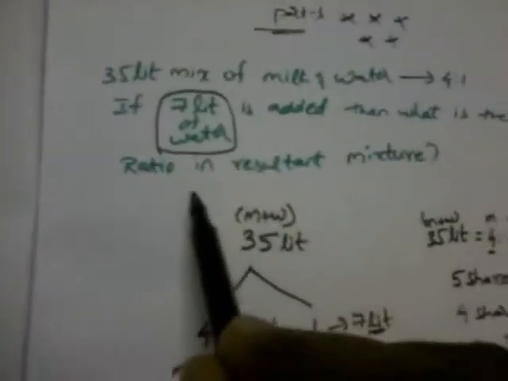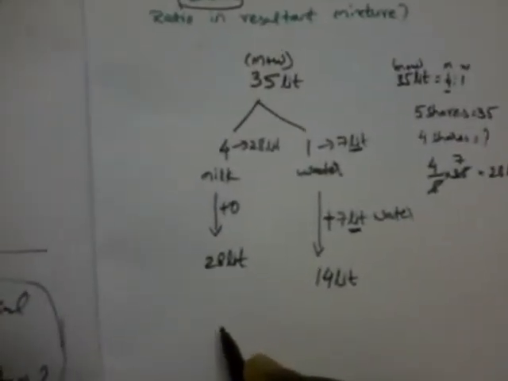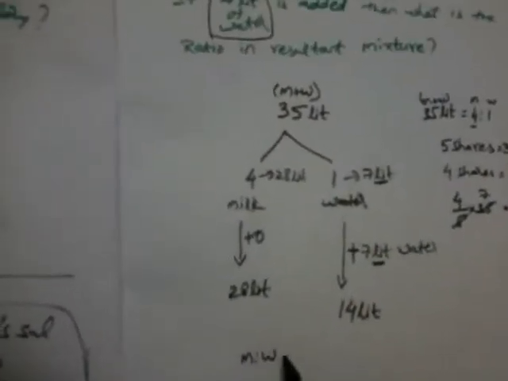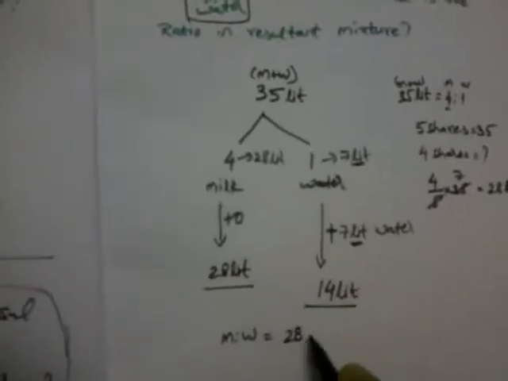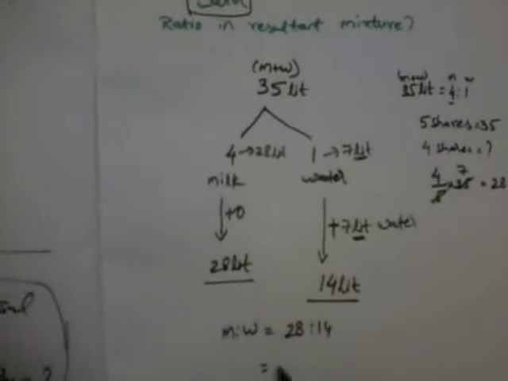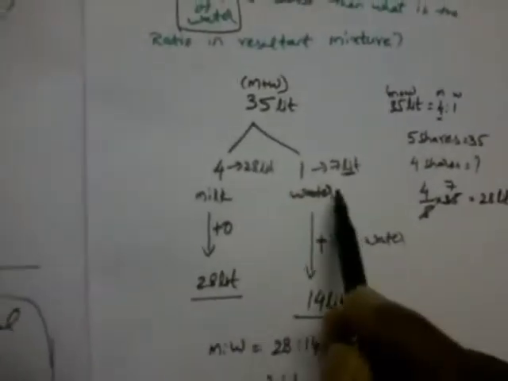What is our requirement? We have to find the ratio in the resultant mixture. How can we find it? Milk is to water: in the final we get 28 is to 14, that is nothing but 2 is to 1. Initially we had 4 is to 1.